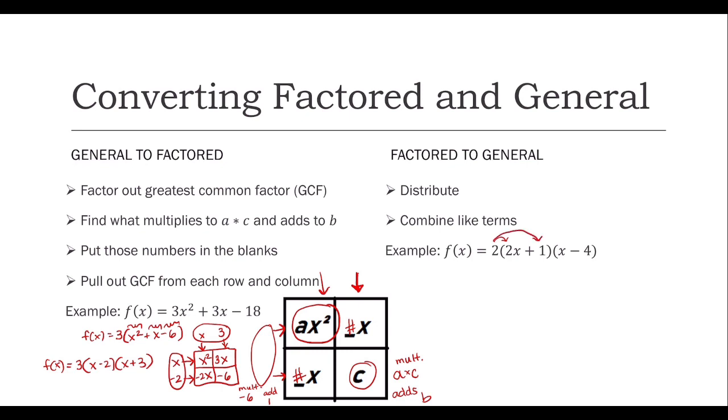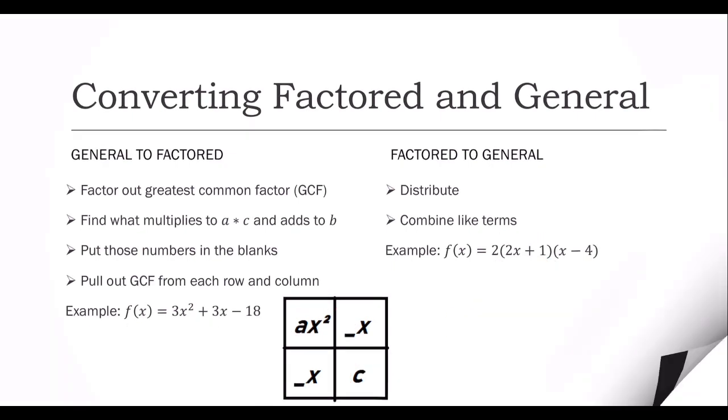So when we do this, we get 4x plus 2 times x minus 4, and that'll become 4x squared minus 16x plus 2x minus 8. So that is going to become 4x squared minus 14x minus 8. And that's f of x in general form.